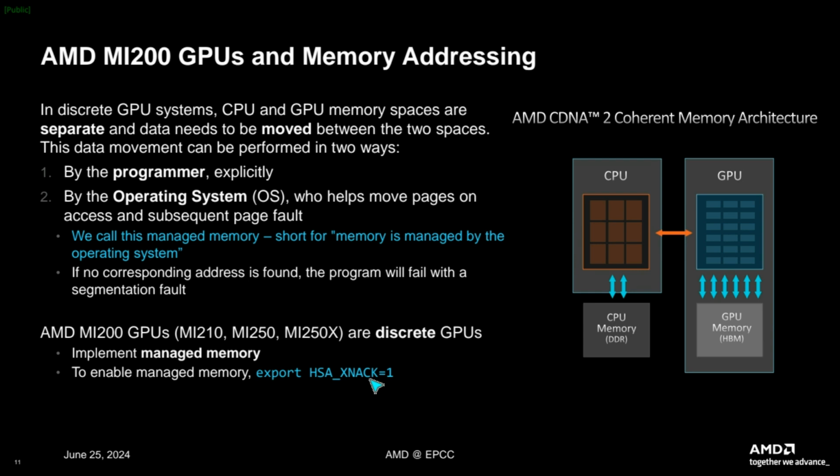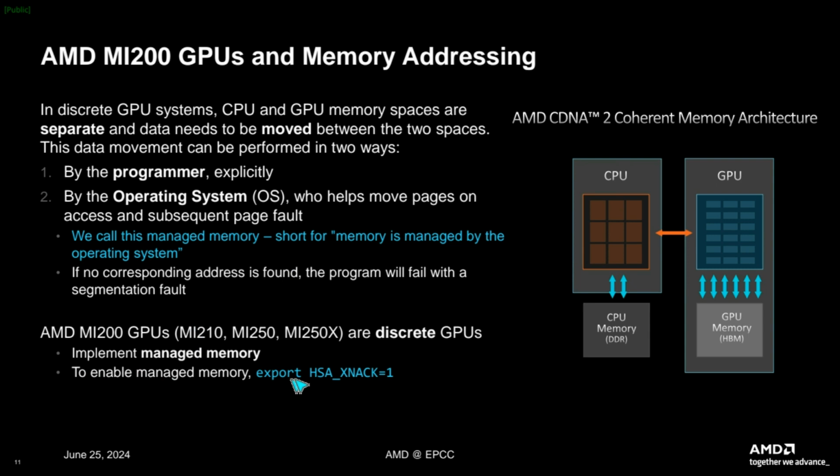This is a great convenience for programming, greatly accelerates writing code. In the end, you may want to manage the memory movement yourself to improve the performance somewhat because you're in control of it. But this managed memory is really a key for making GPU programming a lot easier. You don't have to worry about where your memory is.